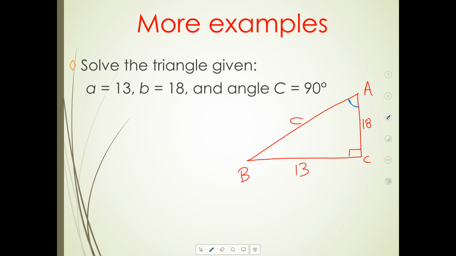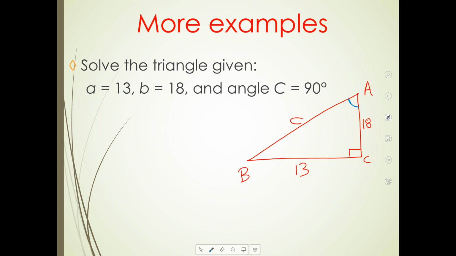Okay, Devin. If I'm solving for angle A, first of all, let's back up. From angle A, I'm assuming you realize C is the hypotenuse. Good. Is 13 opposite or adjacent? From angle A, is the side 13 adjacent or opposite? Opposite, good. Which makes 18? Good.